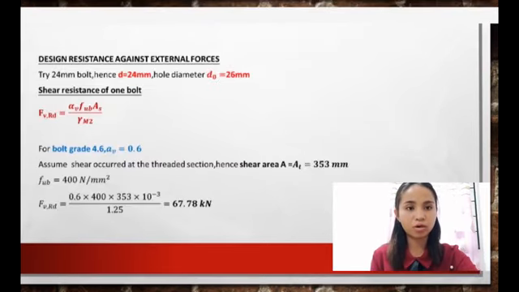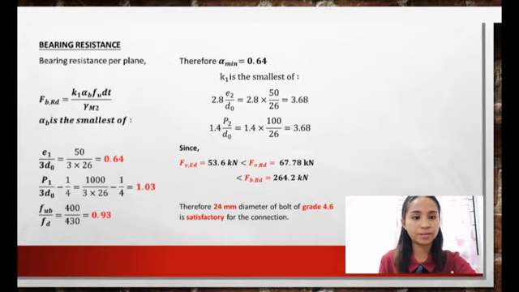The design of resistance against external forces, we tried a 24 mm bolt, hence D is 24 mm. The hole diameter D0 is 26 mm, and the shear resistance of one bolt FVRD equals 67.78 kilonewton. For the bearing resistance per plane, FVRD is 264.2 kilonewton.